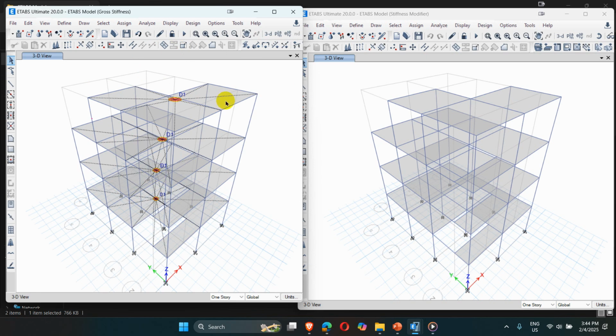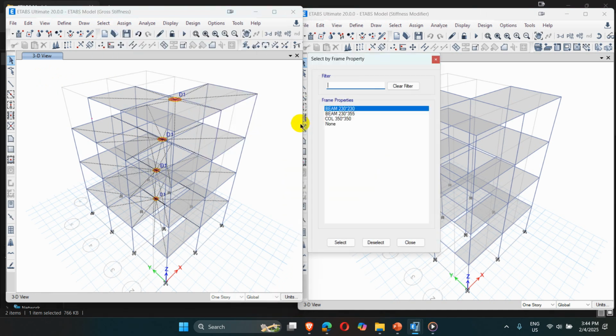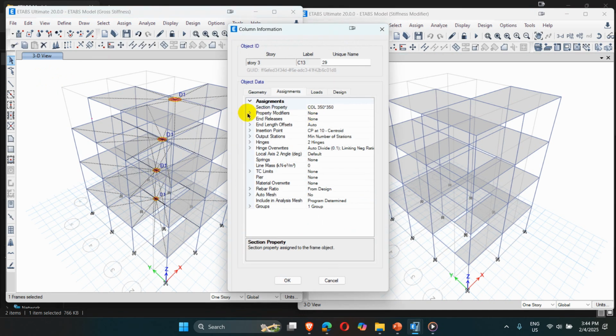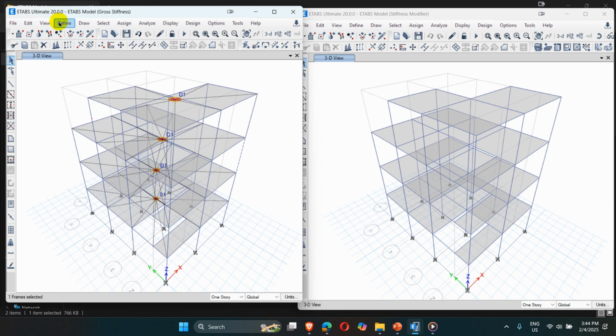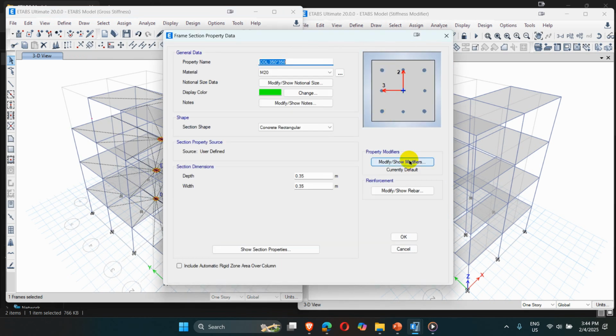Then I will run the analysis with gross stiffness and with stiffness modifier. Let me first confirm the stiffness properties. Let me check this. So there are no stiffness properties, and here with the section properties 0.35.